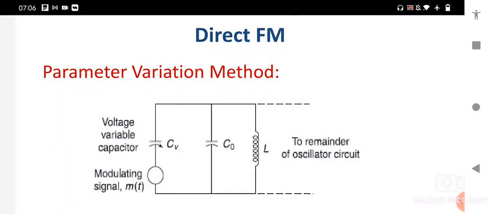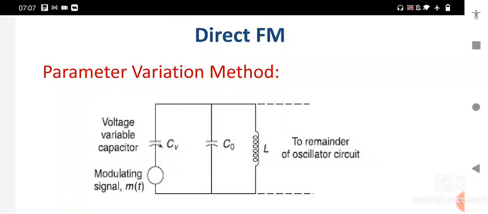In the block diagram, there is a voltage variable capacitor, the input modulating signal m of t, and the inductor, which is the remainder of the oscillator circuit.